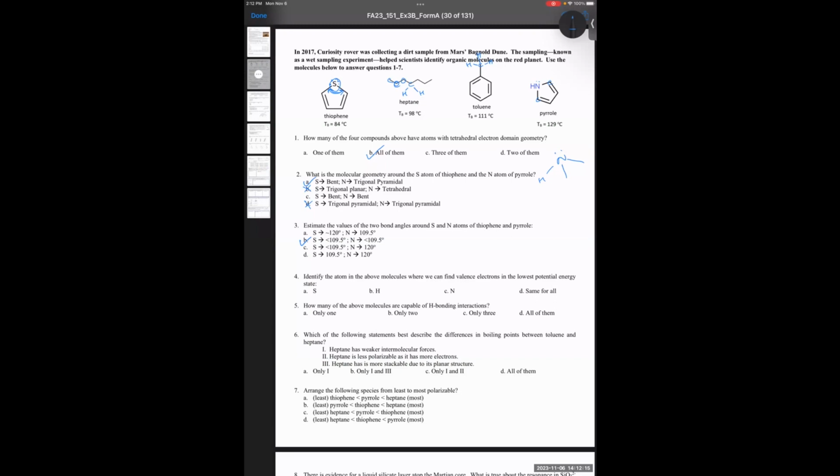And then the most electronegative atom out of all of these should be nitrogen. Therefore, meaning the electrons are more strongly attracted to the nitrogen nucleus compared to other nuclei. Therefore, it should have the lowest potential energy. So, therefore, the correct answer is option C.